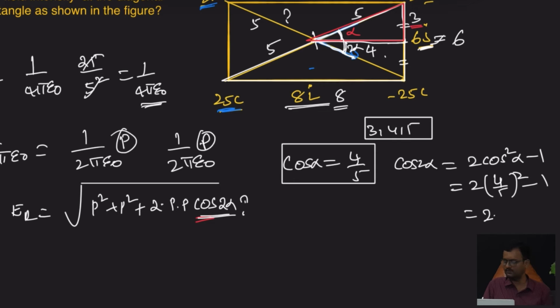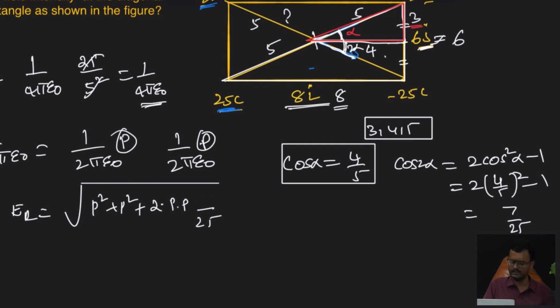So 2 into 4 square, that is 32 by 25 minus 1. 25 ones are 25. 32 minus 25, that is 7. So cos 2 alpha is 7 by 25.